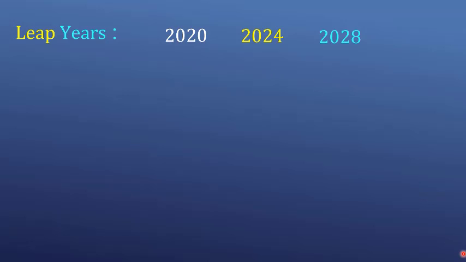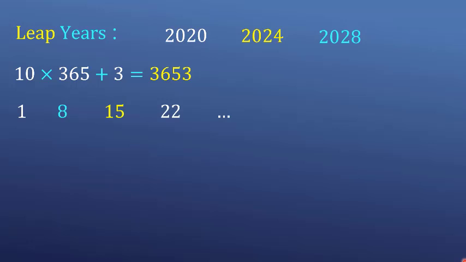So let's calculate. At first, I should calculate the number of days. I have 10 years, so I should multiply 10 by 365, but because we have 3 leap years, each of them has 1 day more, so I should add 1, plus 1, plus 1, plus 3. So in this decade, how many days do I have? 3653.